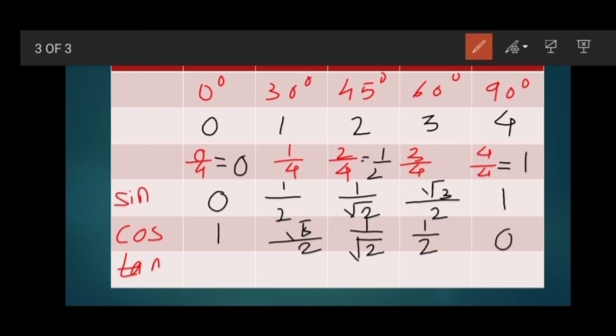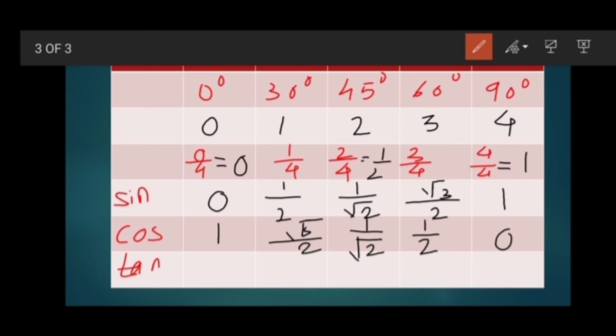Then we have to write the values for tan. We know that tan is nothing but sine upon cos. Means if we divide the sine ratio by the cos ratio, we get the tan ratio.